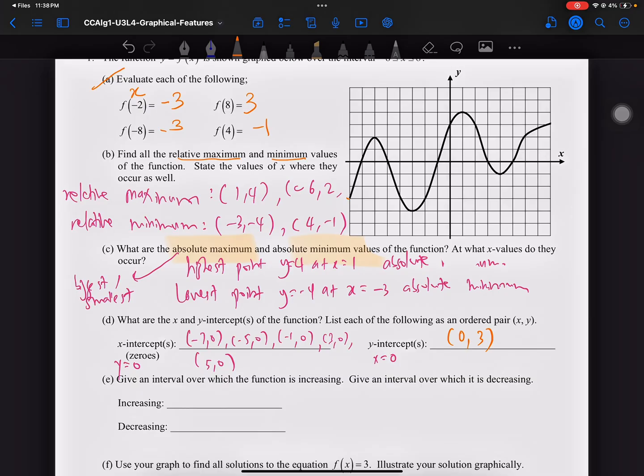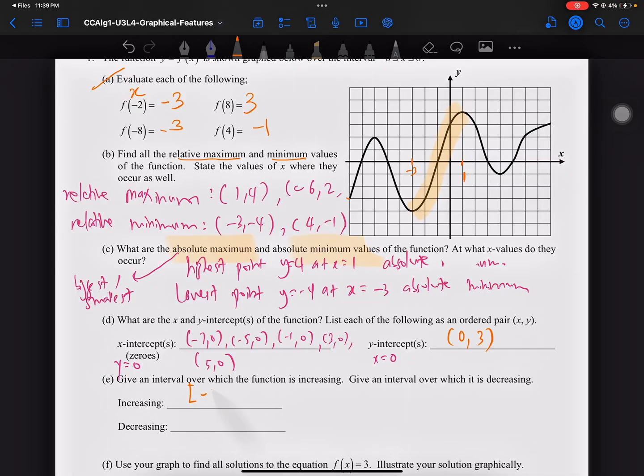You can see that from x = -3 to x = 1, from here to here, we say that the graph rises or goes upward from x = -3 to x = 1.